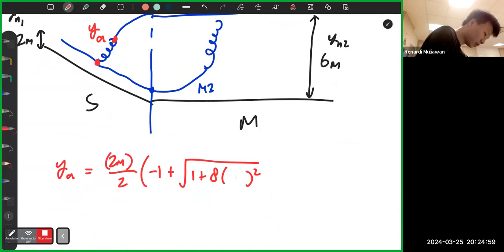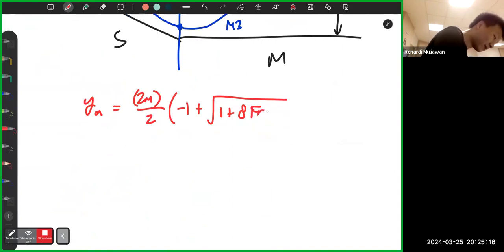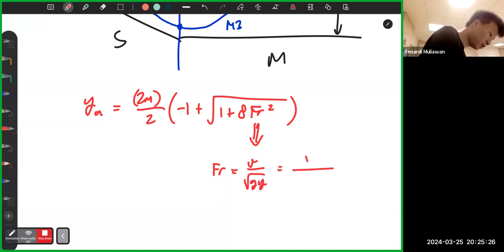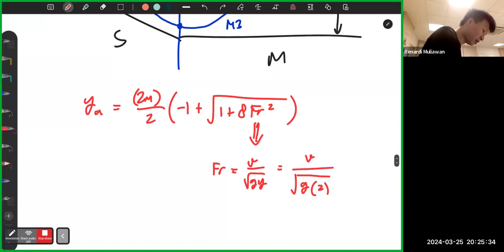This one you calculate yourself. The Froude number is V over the square root of gy. V you must find. This one is g times 2, because the depth here is 2. So you'll get YA.